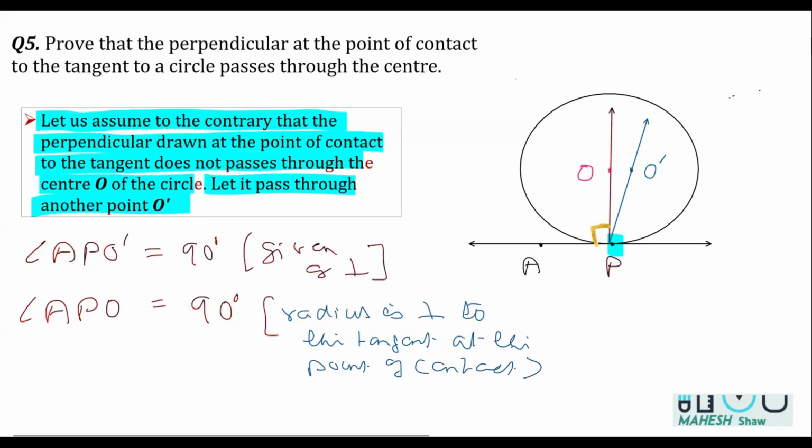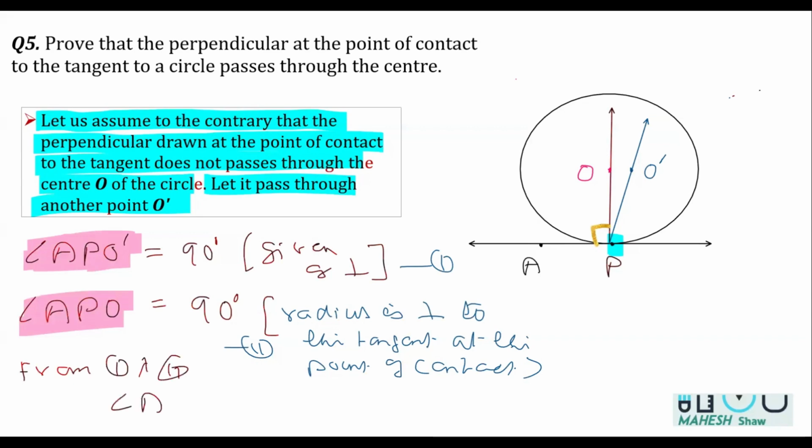So now, say this is equation 1, and this is equation 2. What can you see? These two angles must be equal because they are each 90 degrees. You can see from the figure as well. So I'm going to write here that from 1 and 2, we got angle APO dash is equal to angle APO.